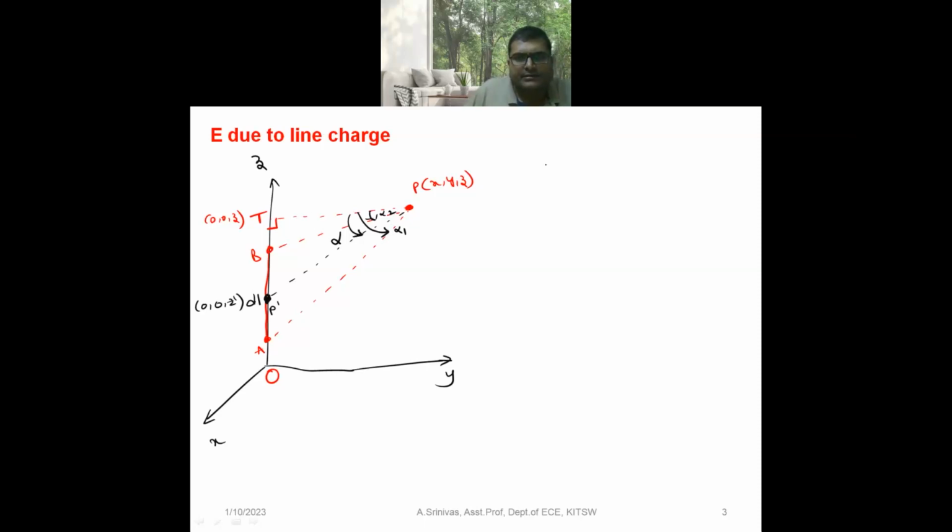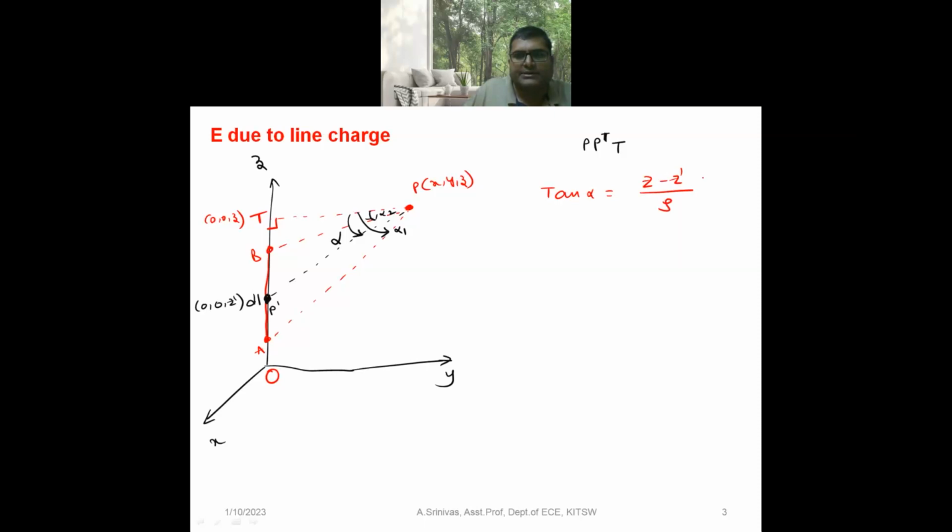Now from the triangle PP dash T, tan alpha is equal to z minus z dash by rho.